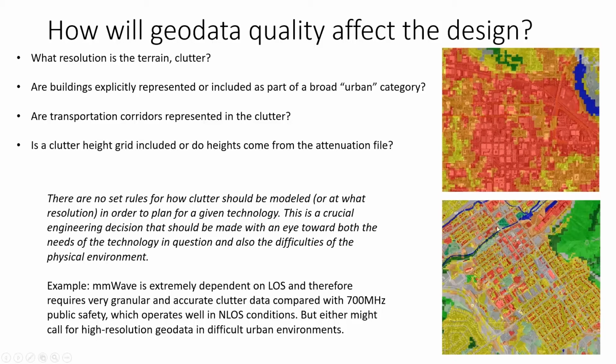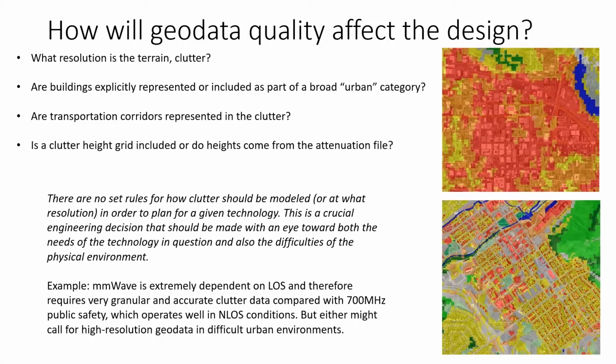There is also data available through EDX or through other data vendors that has a clutter height grid associated with the clutter grid itself. So for every location in the service area, I would not only have a clutter type that says, here's building and here's parking lot, but I would have a height associated with that building.